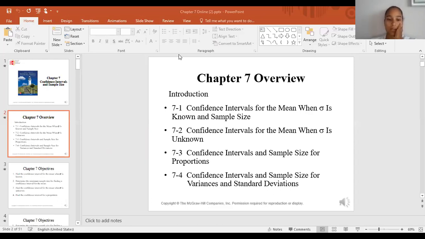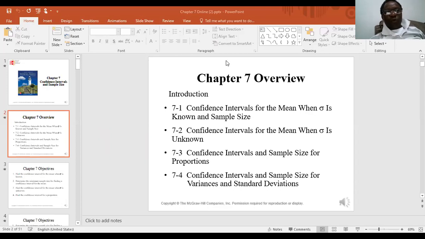Okay. So this is about estimating a parameter using a statistic. A statistic is a measure from the sample. So in general, in statistics, we collect data in a sample, and from that sample, we have information.